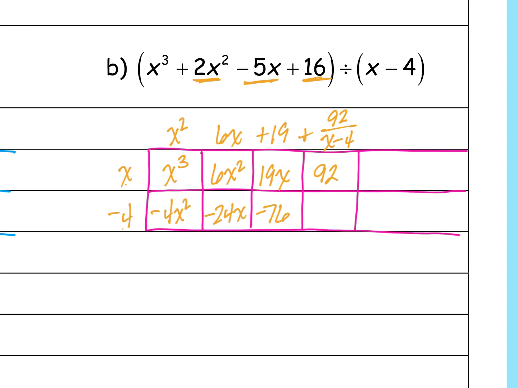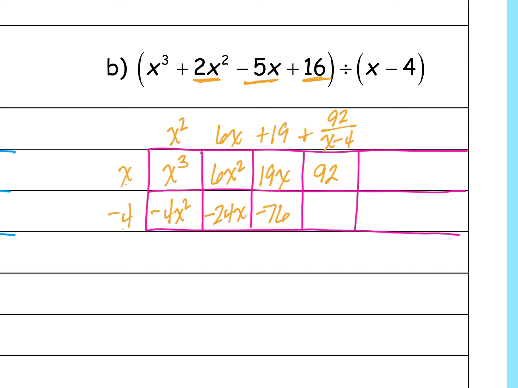I think 92 minus 76 should give me 16. Yep, okay. Questions? Does it make a little better sense now, Leslie? Okay. All right, I think that's it on this page, right?